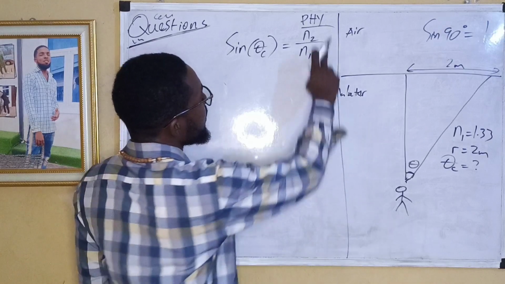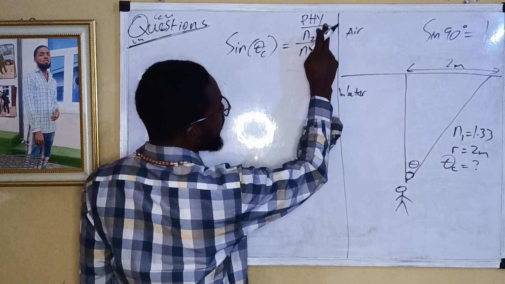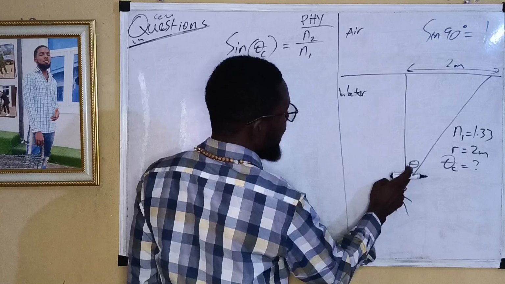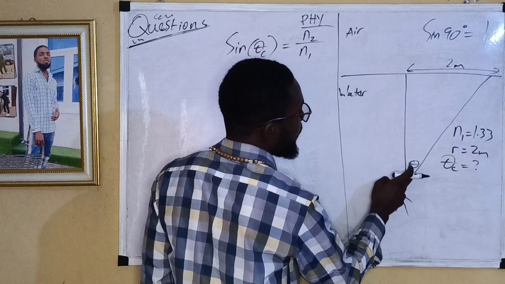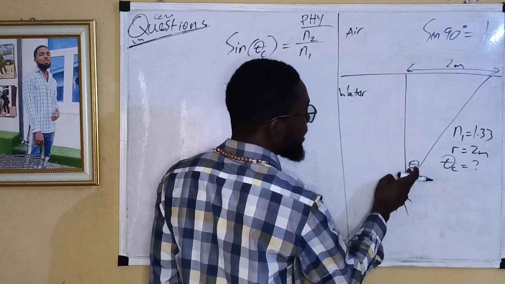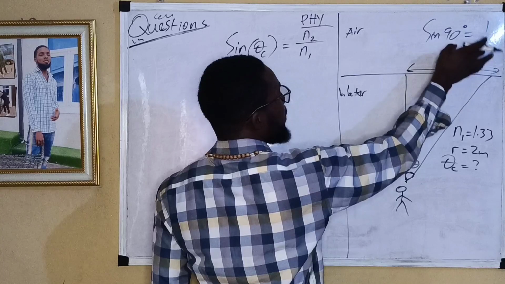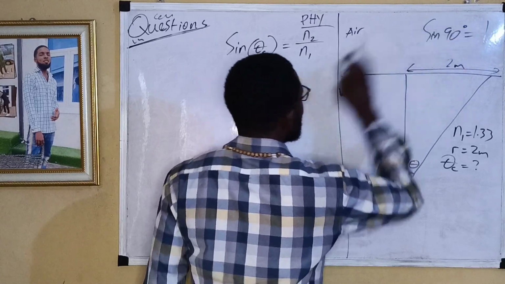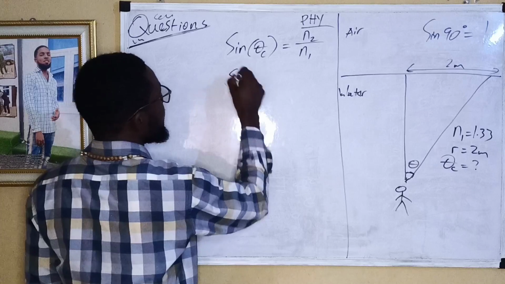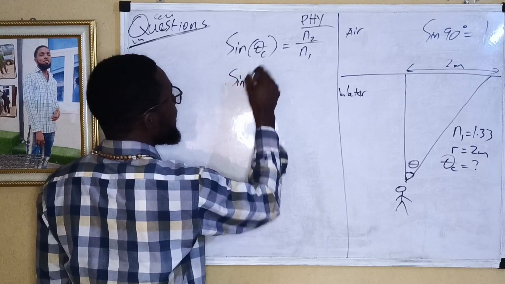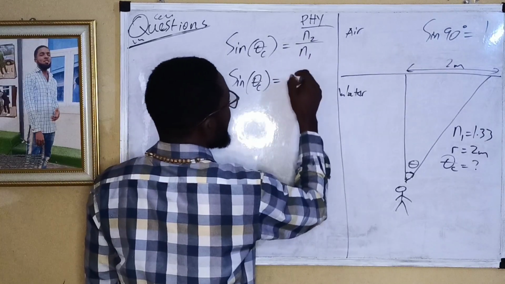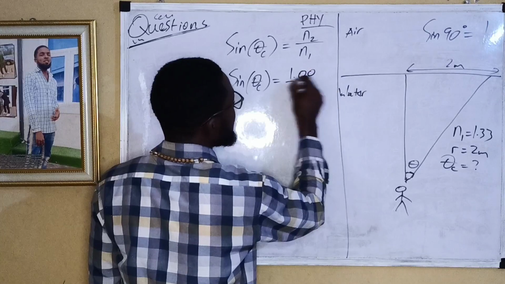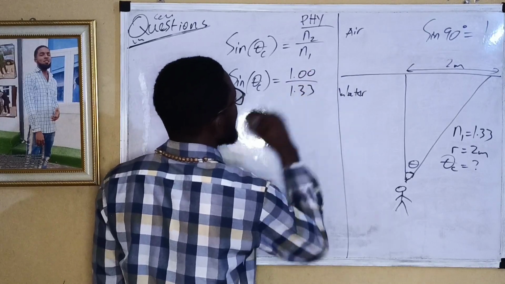So therefore, the refractive index of air is 1, because the angle right here is the critical angle, which means the angle of refraction is 90 degrees. So I have sine of the critical angle equal to 1.00 over 1.33.